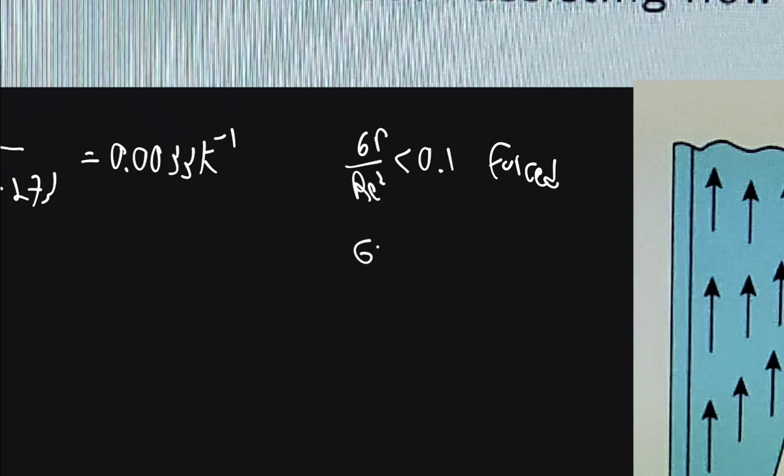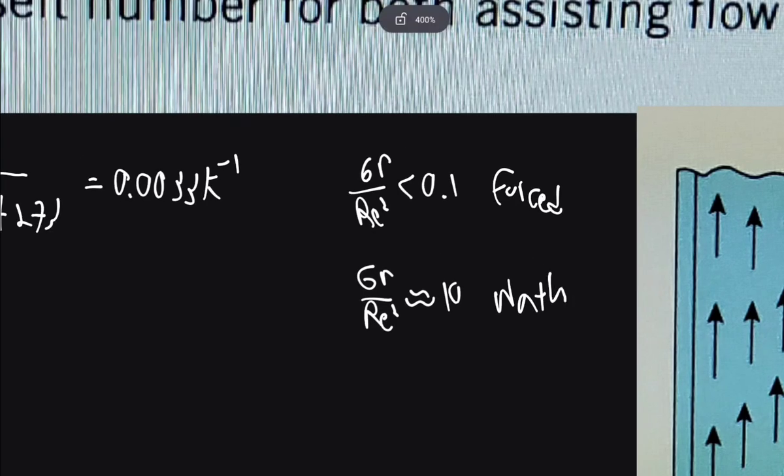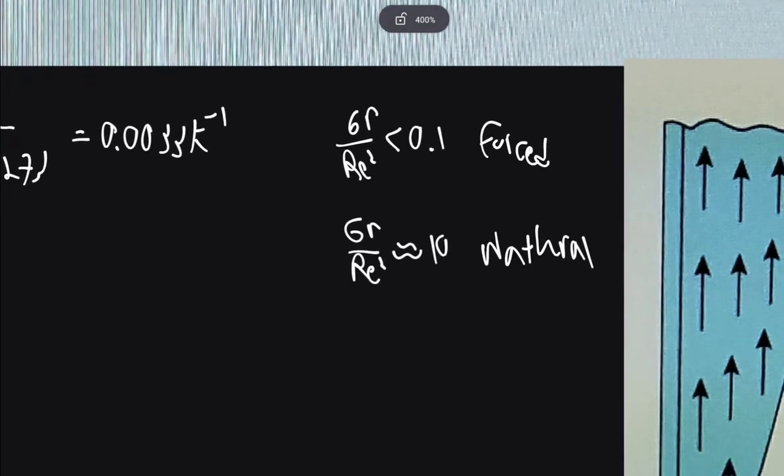Or if Grashof over Reynolds squared is greater than 10, or about 10, then it is natural convection. The Grashof number is really high compared to Reynolds number, so natural convection is dominating, and we can just treat it like a natural convection problem.